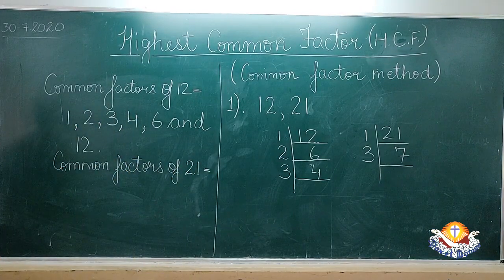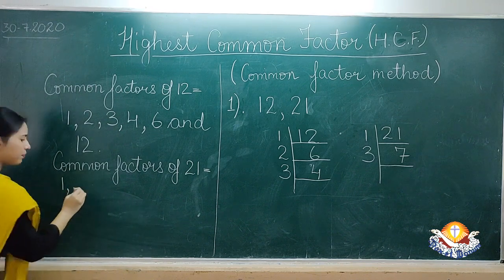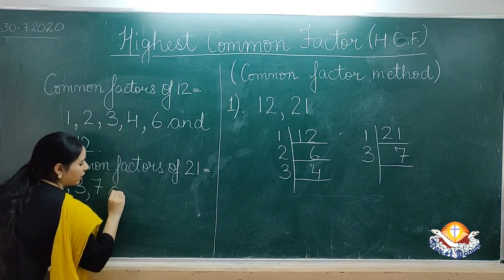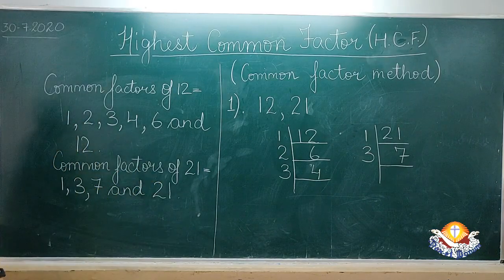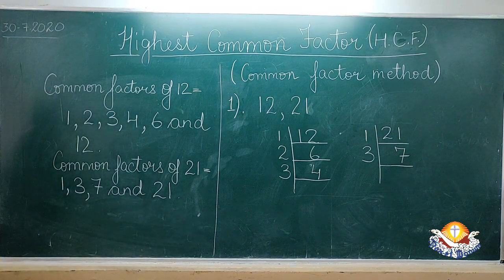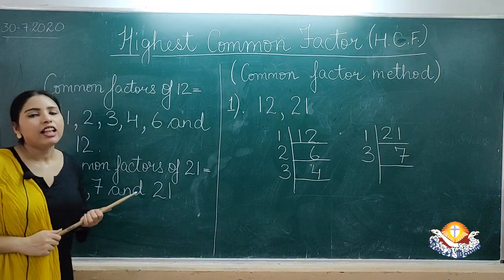So the factors of 21 are 1, comma, 3, comma, 7 and 21.